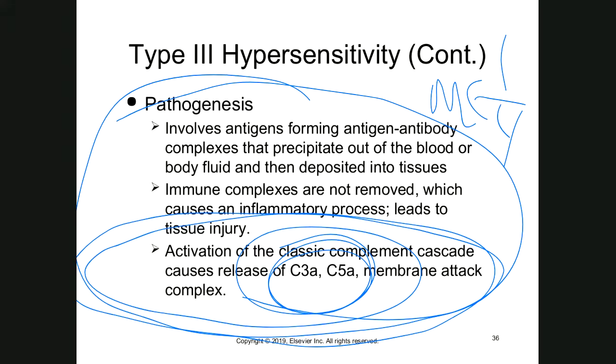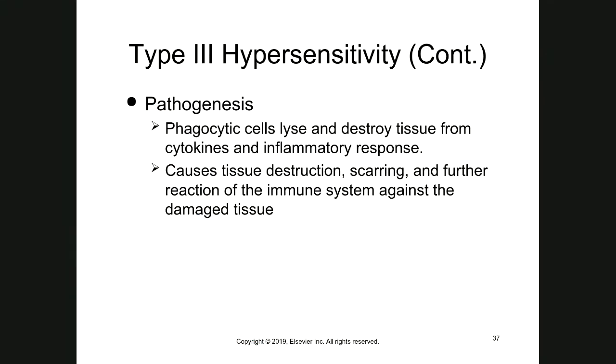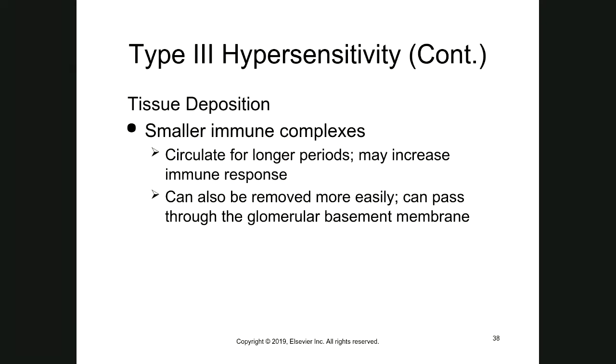The next one, you see over here that the phagocytic cells basically destroy or break apart, basically with the inflammatory response, but I will not go with this. You have the smaller immune complexes, circulate for longer period, may increase the immune response. I will not go with this.